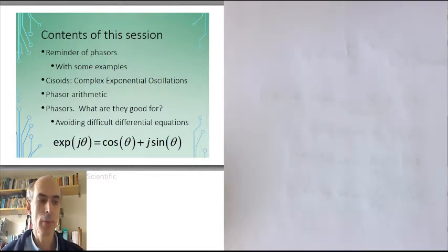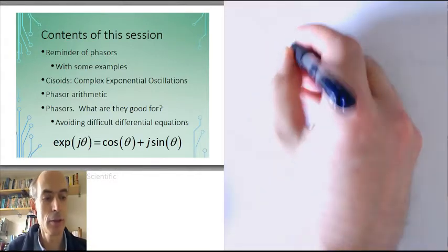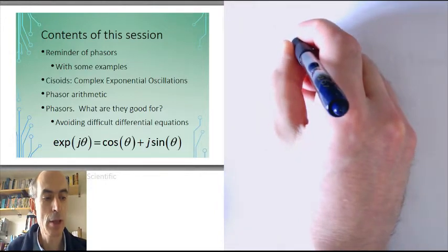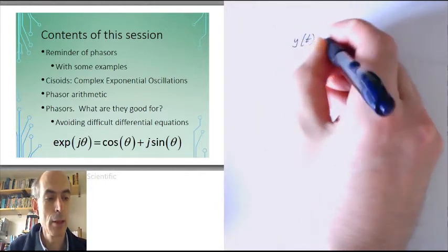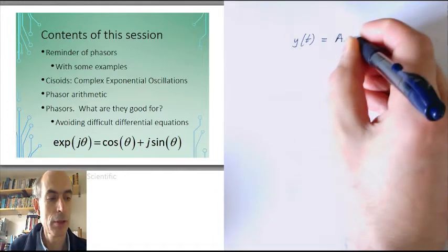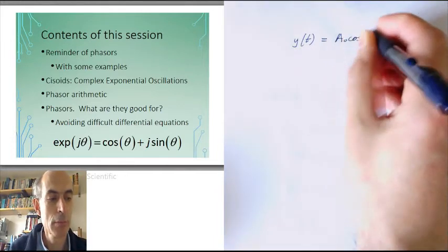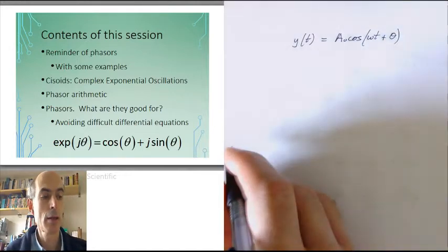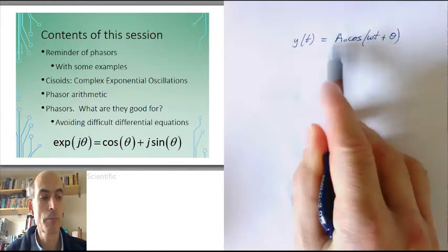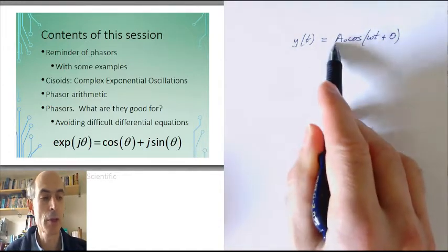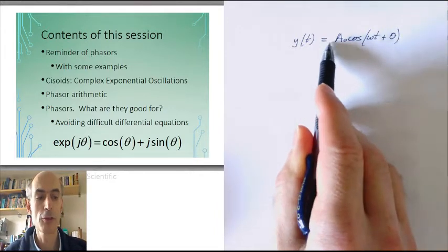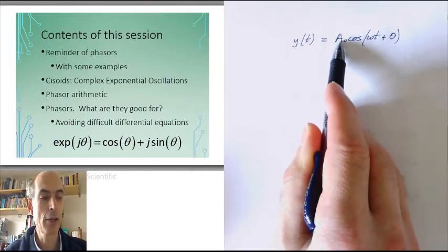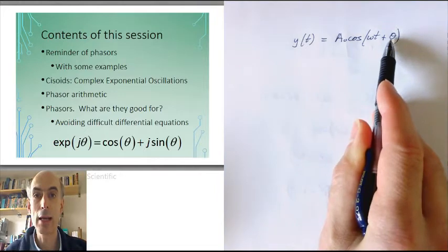oscillation. If I have a waveform which has the form A0 times cosine(omega t plus theta), then I could represent that waveform by a complex number with a magnitude, that's a distance from the origin of A0, and a phase, that's an angle to the real axis of theta.